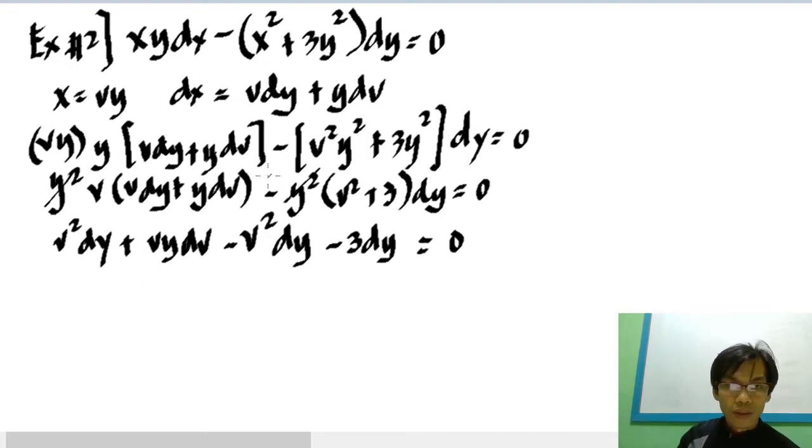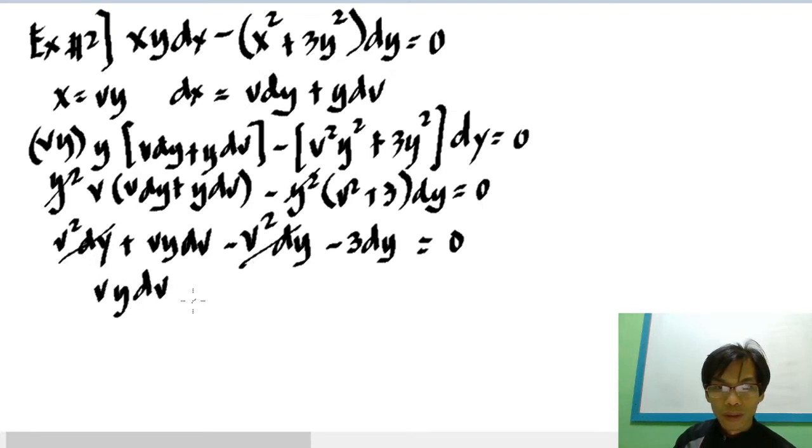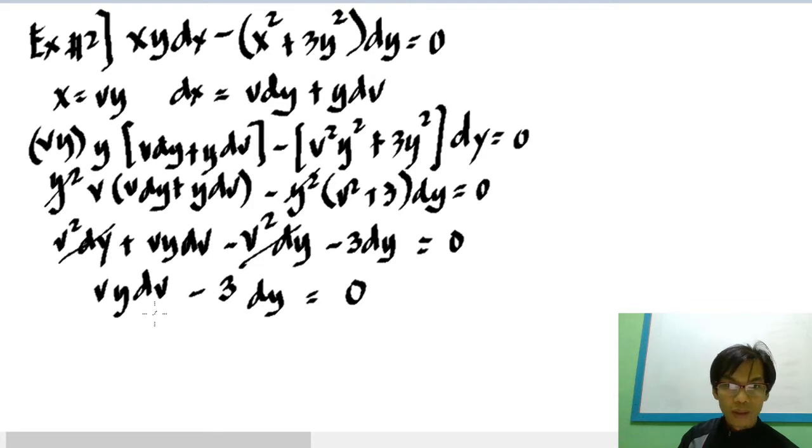Let's arrange the terms. Notice v squared dy minus v squared dy is equal to 0, so this cancels out. Therefore we have vy dv minus 3 dy equals 0. Now let's do the separation of variables.